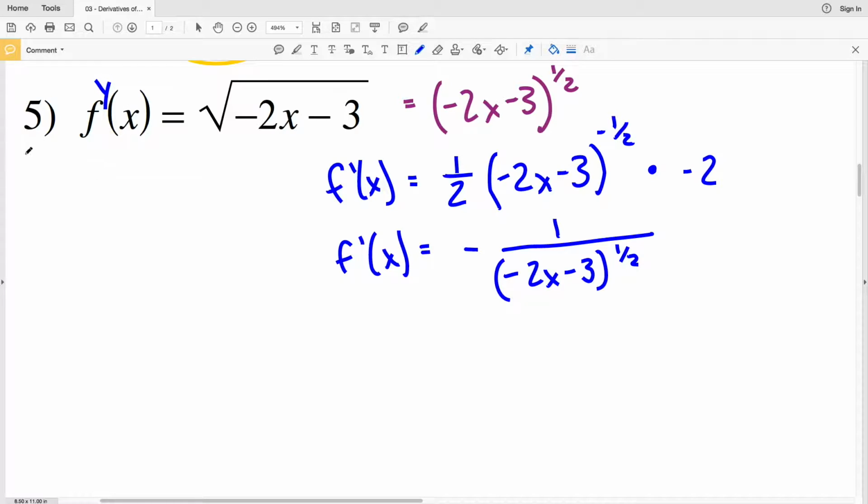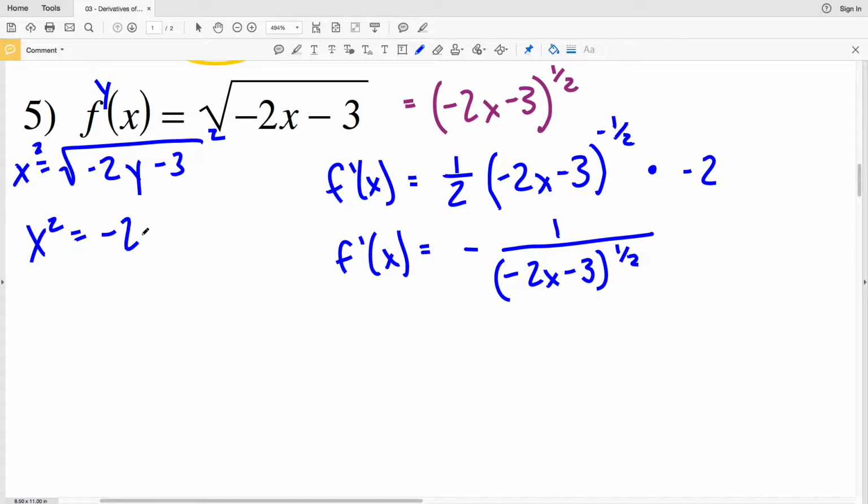So switching x and y, we'll get that x equals the square root of -2y minus 3. So what we'll do is we'll simply square both sides to get that x squared equals -2y minus 3, because this squared will cancel out with the square root. Now we'll add 3 to both sides. Doing so will give us x squared plus 3 equal to -2y.